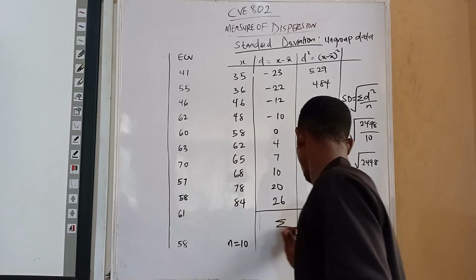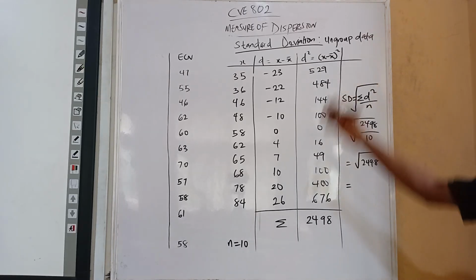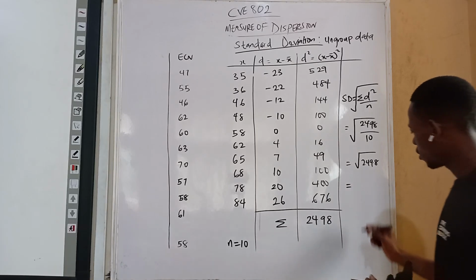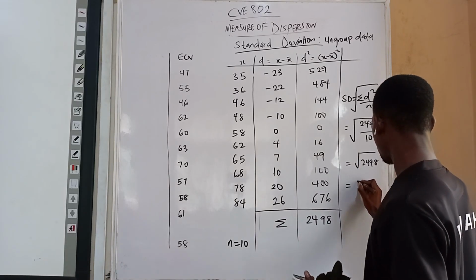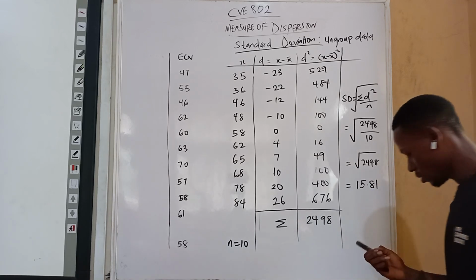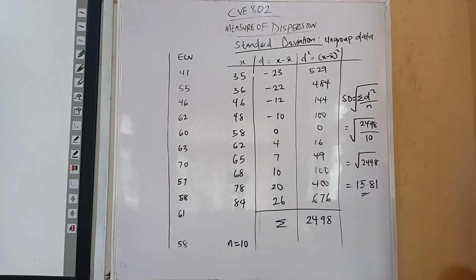So that is the addition, divided by n, the total numbers, that's 10. So that's 249.8. And finding the square root, our standard deviation is 15.81. That's our standard deviation for mathematics.